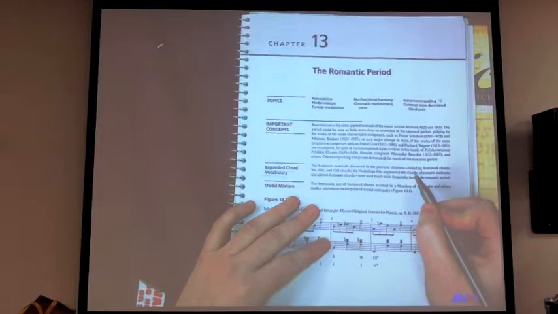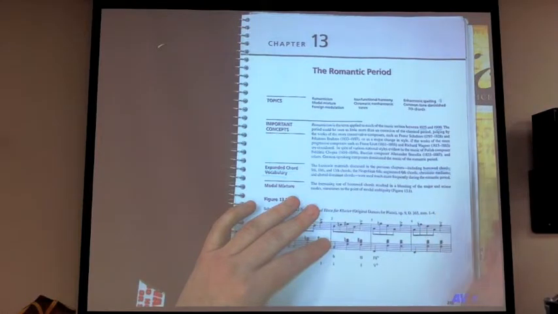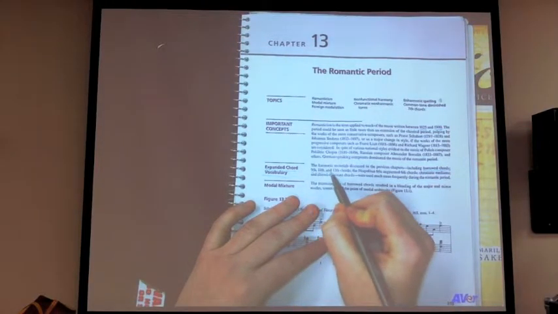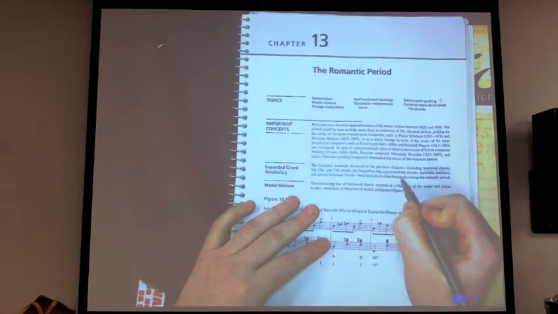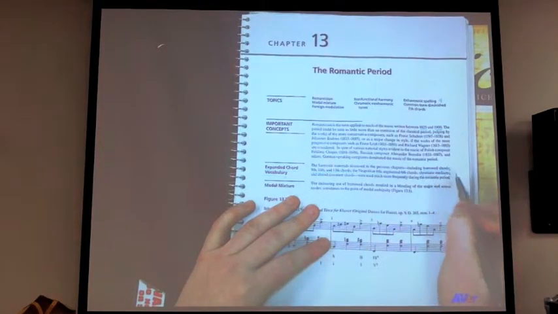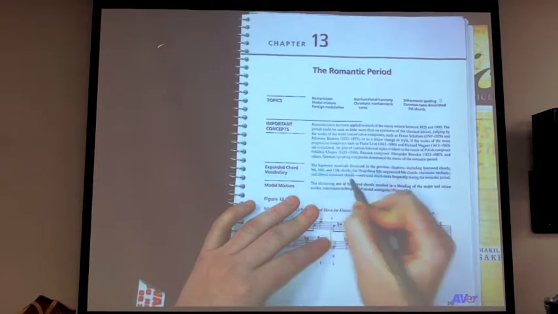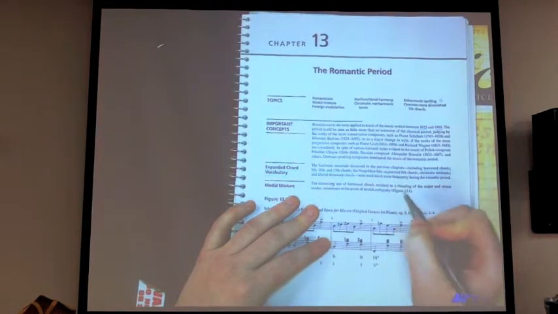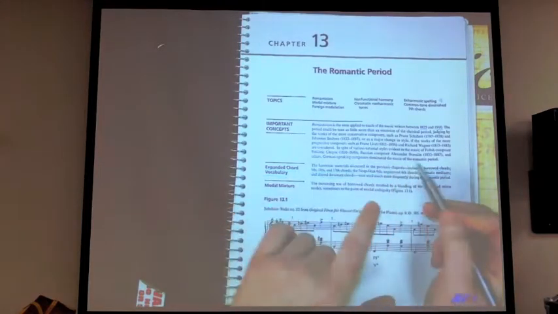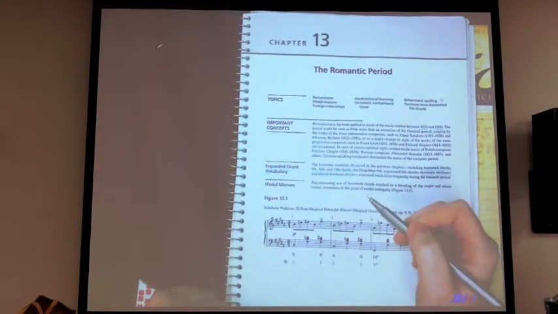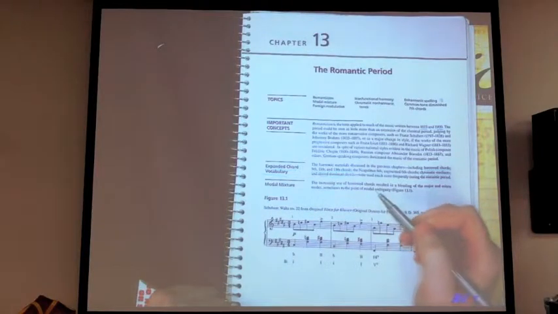You'll see borrowed chords, 9th, 11th, and 13th chords, Neapolitan sixths, augmented sixths, chromatic mediants, and altered dominants. These were used much more frequently. We've gone through these in the previous chapters, so this is all preparing you for looking at and analyzing Romantic music.